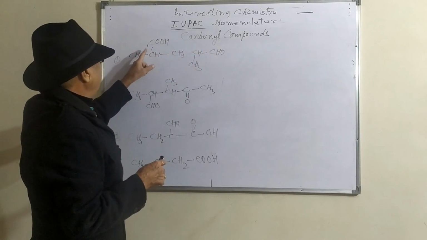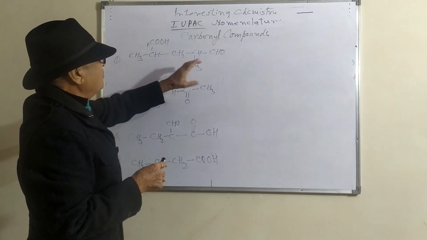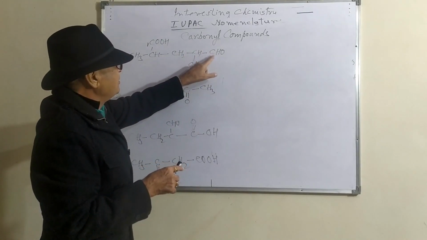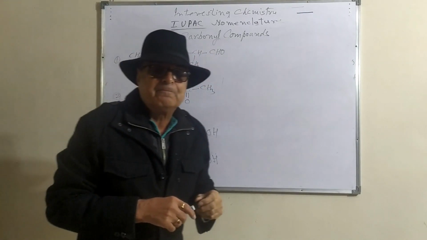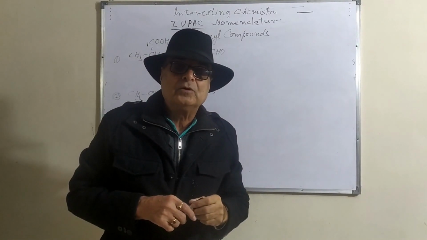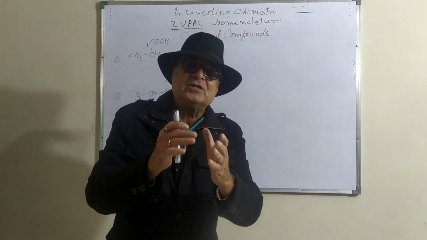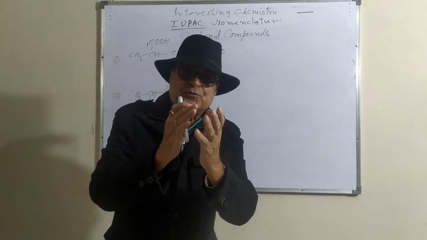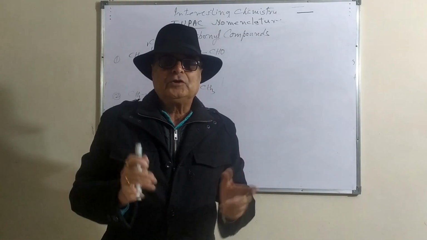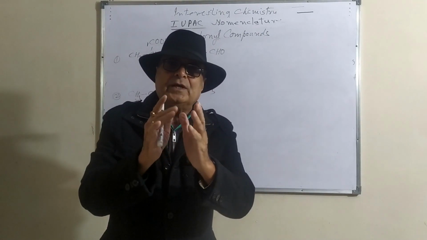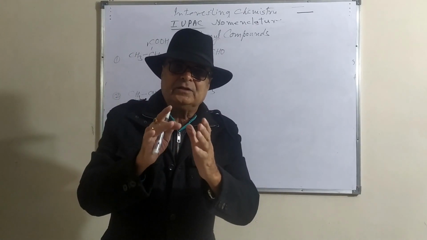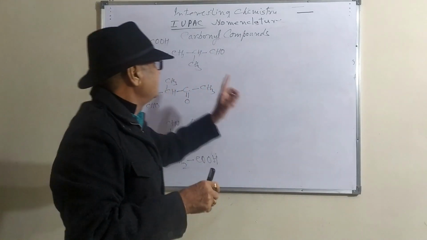The second functional group, CHO, will be treated as a substituent group. It will not be included in the longest chain because it is junior.